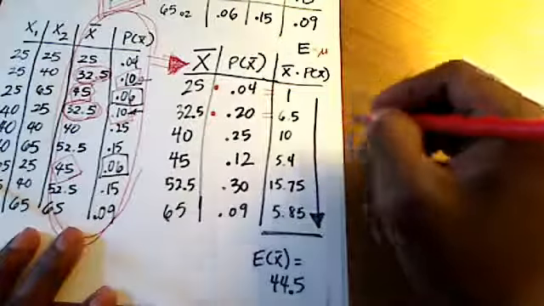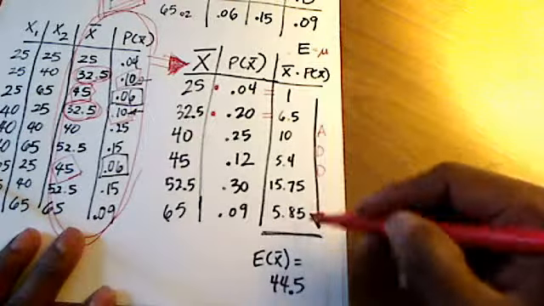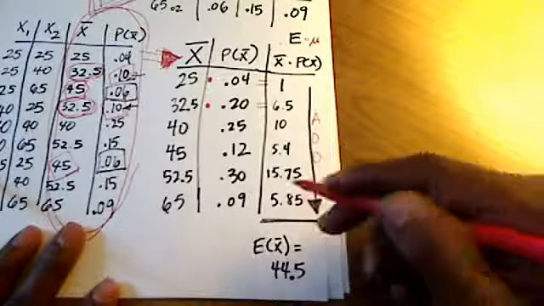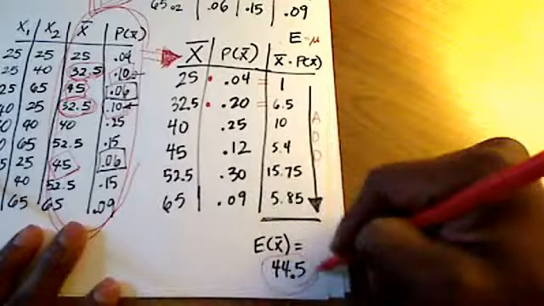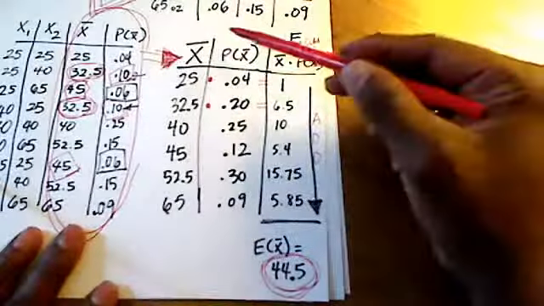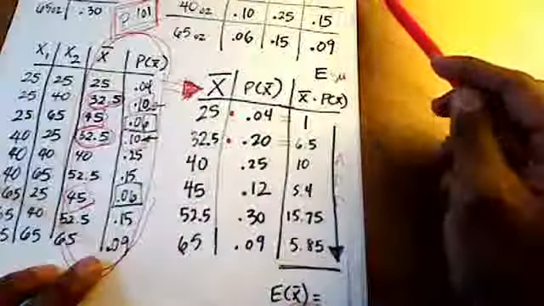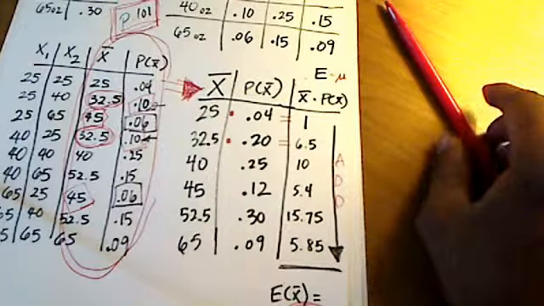So I'm going to add all these values up, and I'm going to get my expected value of 44.5. There it is, 44.5 for my average. That's the average of the two sizes that was selected by these purchasers.